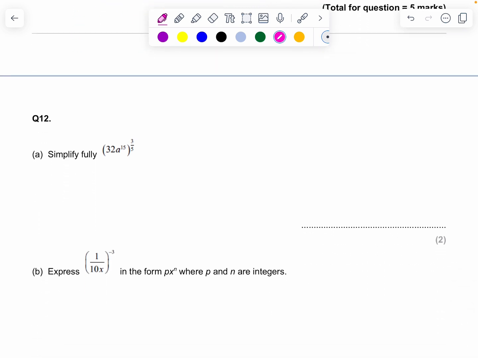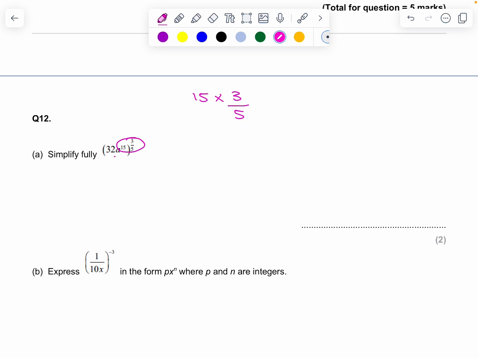Okay, question 12A. So on this one, we can deal with the indices first if you want. Remember, when they're next to each other like that, we have to multiply the indices. So we're doing 15 times 3/5.